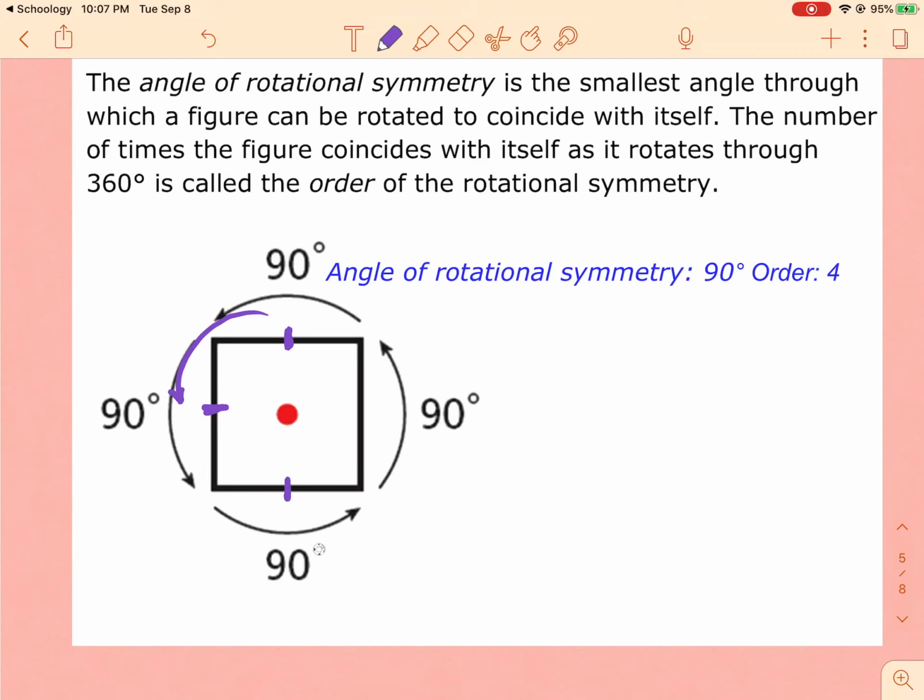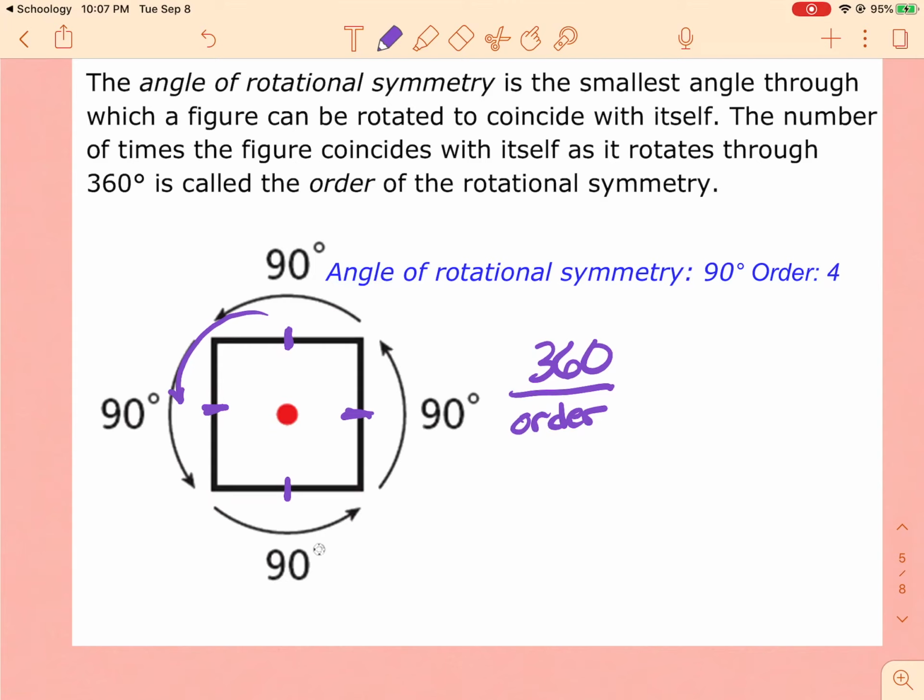It would rotate again, that part would end up matching up on the bottom now, 2, and then it would be on the side, 3, and then for the fourth one it would match up where it originally started. So in order to figure out what that degree was, you take 360 degrees divided by the order.